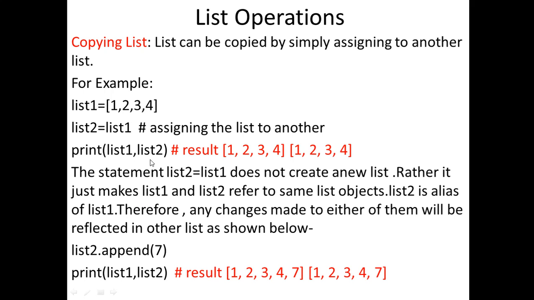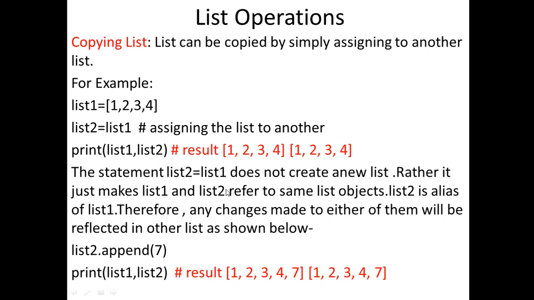The statement list 2 equal to list 1 does not create a new list. In the case of other statements, it creates a new variable or a new object. But in the case of this statement, list 2 equal to list 1 does not create a new list. Rather, it just makes list 1 and list 2 refer to the same object.